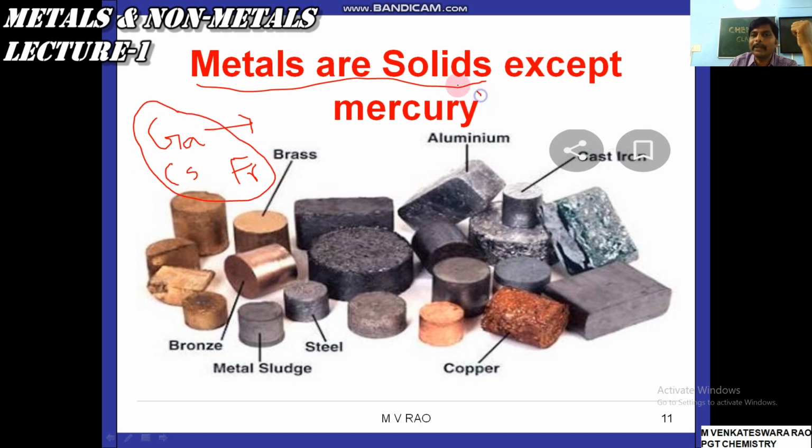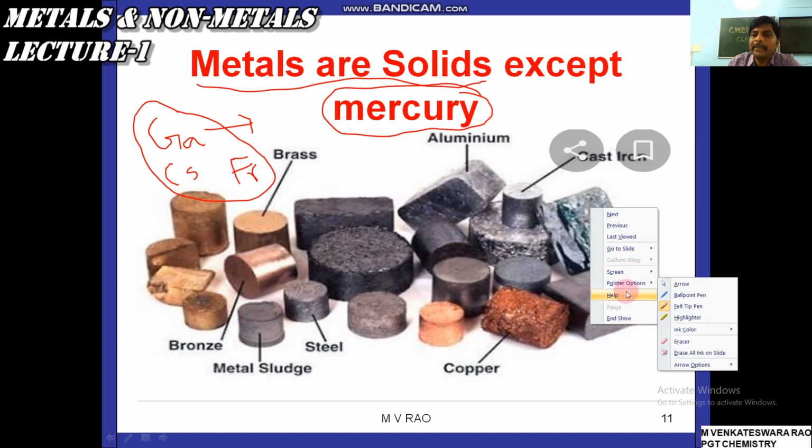But mercury is liquid at room temperature also. So all metals other than mercury are solids. Mercury at room temperature is a liquid. Okay, that is about the physical state of metals.